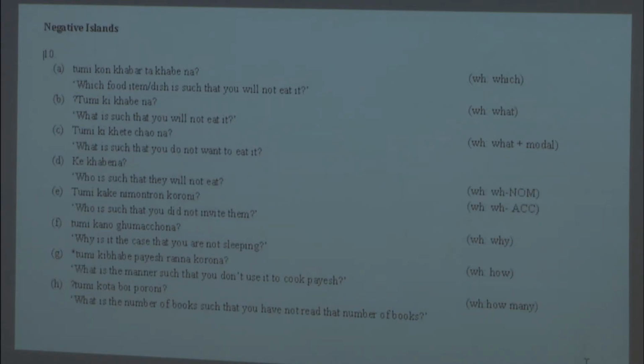Next one. So negative islands seem for us to be weak islands. These are the examples from the adjuncts. The adjuncts are not that great. Why is of course not that great an example. How is bad and how many, I don't know, not that great. But we have another instance of how many, which is not kota but kotogulo.